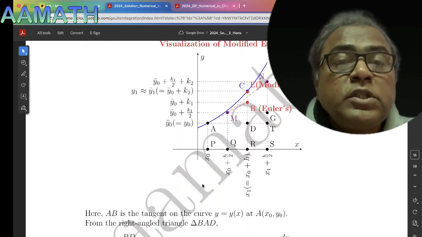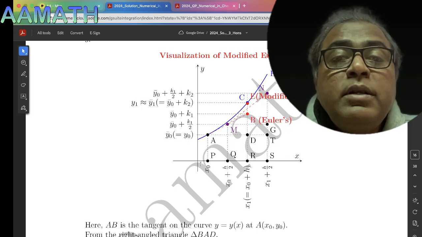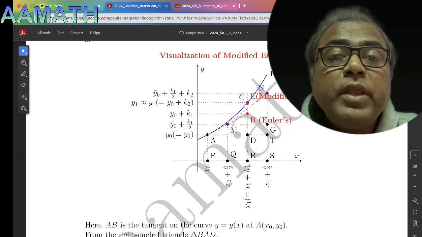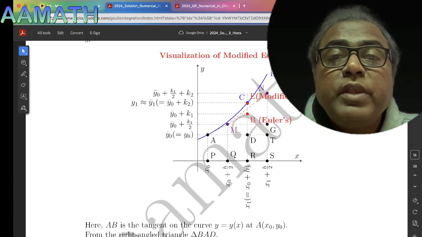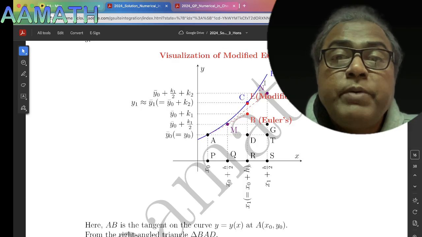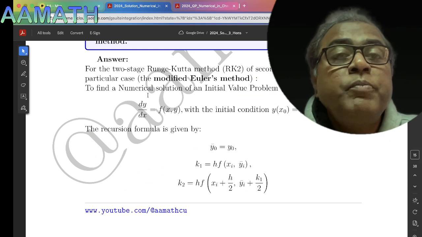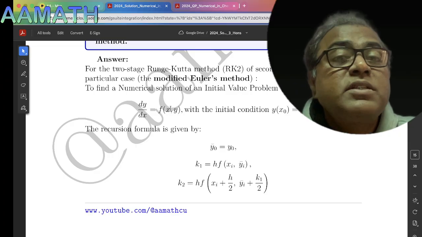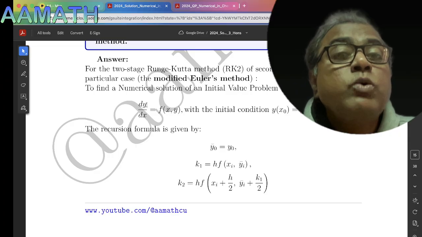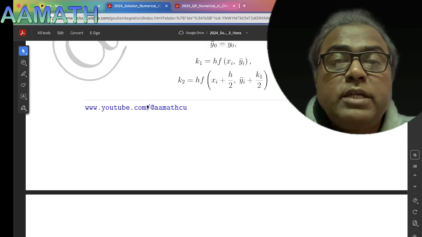Here the given initial condition is (x0, y0), and this is the exact curve y(x), not f(x, y). Actually dy/dx equals f(x, y) is the slope of this curve. This f(x, y) represents the slope of the curve y equals y(x).